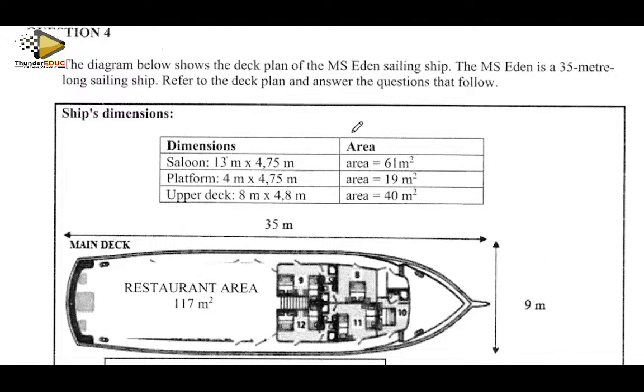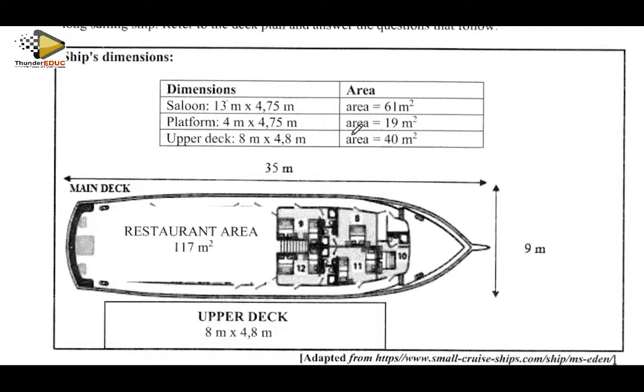We have the ship's dimensions: the saloon, 13 meters by 4.7 meters, an area of 61 meters squared; a platform of 4 meters by 4.75 meters with an area of 19 meters squared; upper deck with 8 meters by 4.8 meters with an area of 40 meters squared.